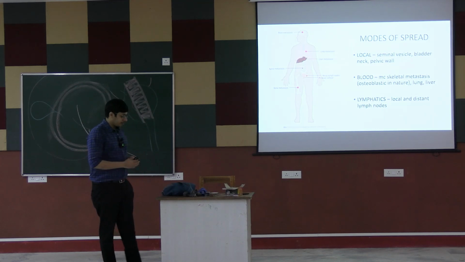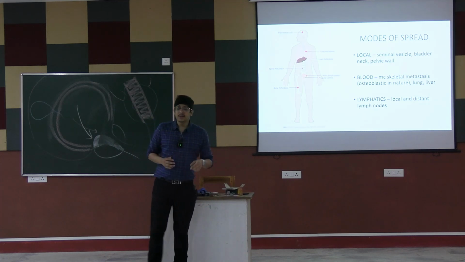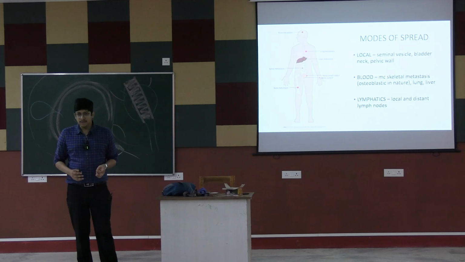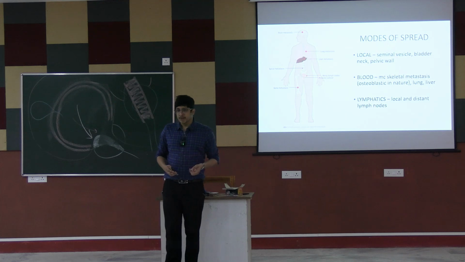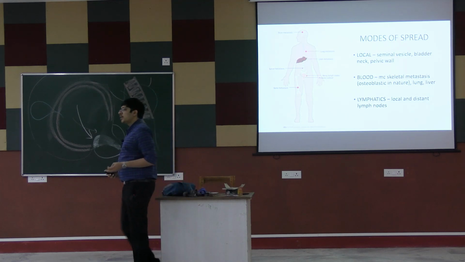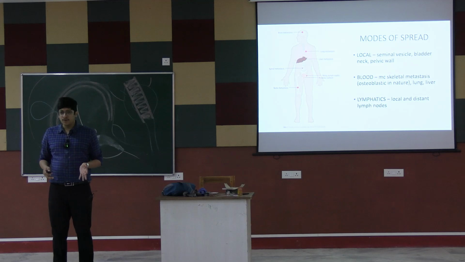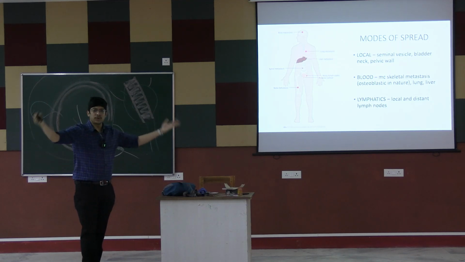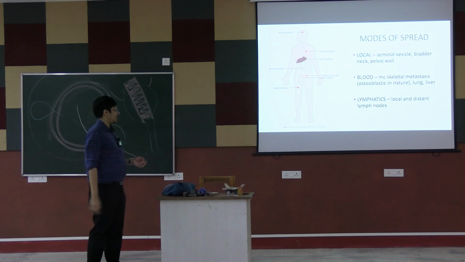What are the sites of lymphatic spread? Firstly to the local lymph nodes and then to the distant lymph nodes. What are the local lymph node groups around the prostate? The obturator lymph nodes, then the external and internal iliac lymph nodes, the presacral lymph nodes, and then we move out to the other secondary grade lymph nodes, which we call metastasis.